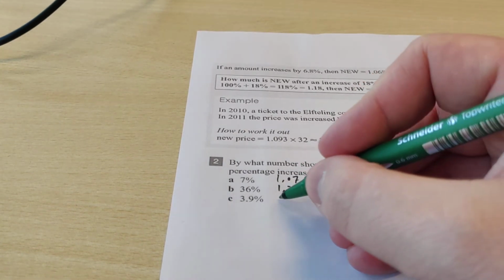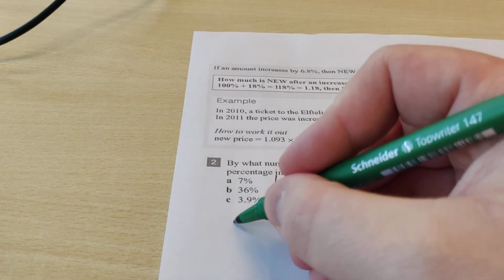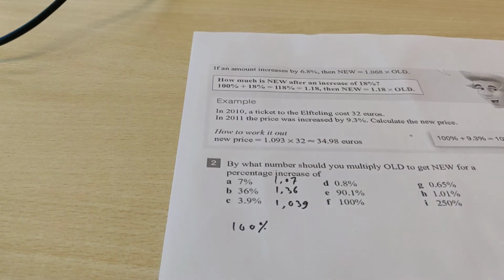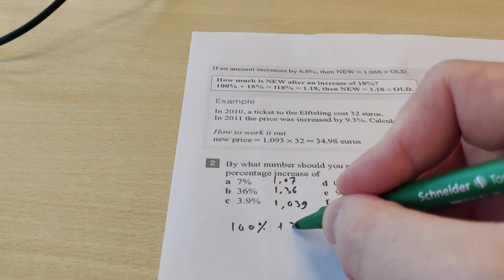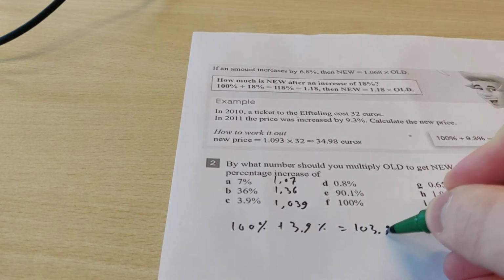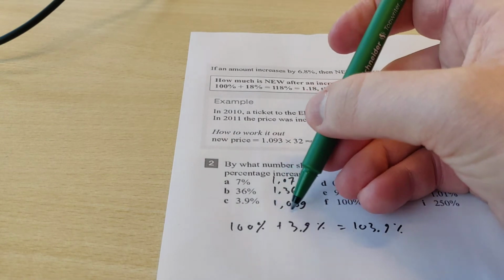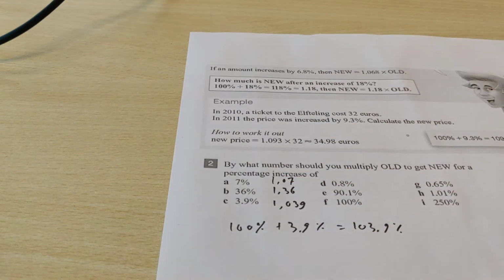And for this one, it will be 1.039. Alright, let me show you just one more time the whole thing. We have 100%. We add 3.9% to it, so you have 103.9%. And then if you move the point two places, you get this number, and that's 1.039.